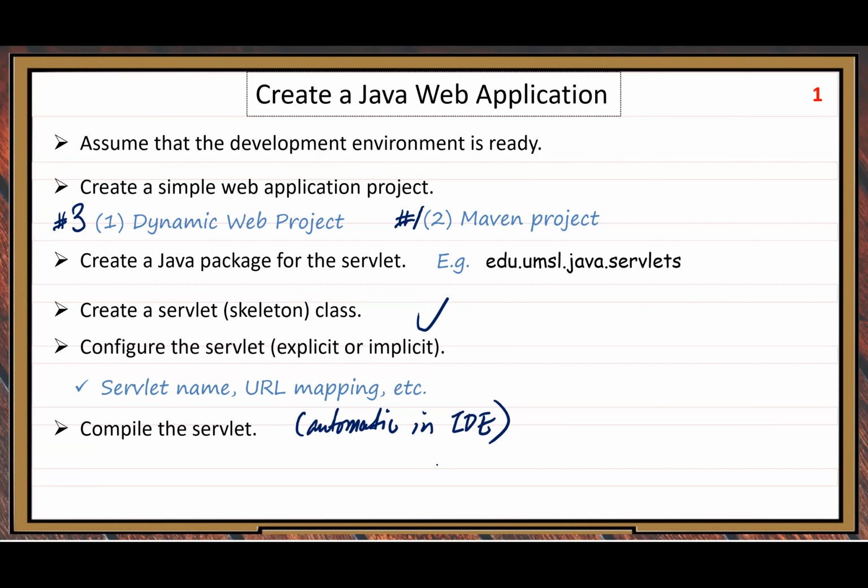I like to say 99% of you may not know how to compile Java files. At some point, for your interest, I may show you the code, just one line, javac, okay? javac, the compiler name, then type your Java class name. But sometimes you need to include library files. Yeah. All right, yeah. Compile the servlet.